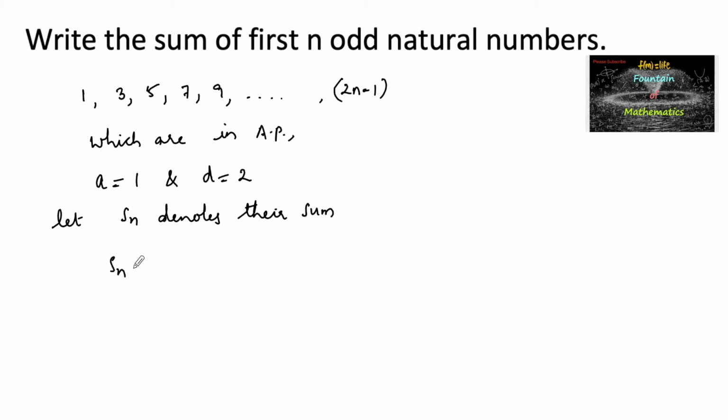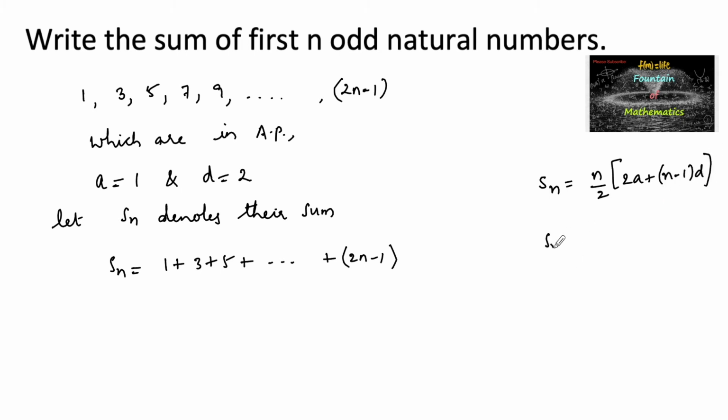So we have Sn is equal to 1 plus 3 plus 5 plus and so on up to 2n minus 1, and since we know the sum of n terms in an AP is Sn equal to n by 2 times (2a plus n minus 1 into d), or we can write Sn is equal to n by 2 times (a plus the last term l). Here the last term l is equal to 2n minus 1 and the first term a is equal to 1.